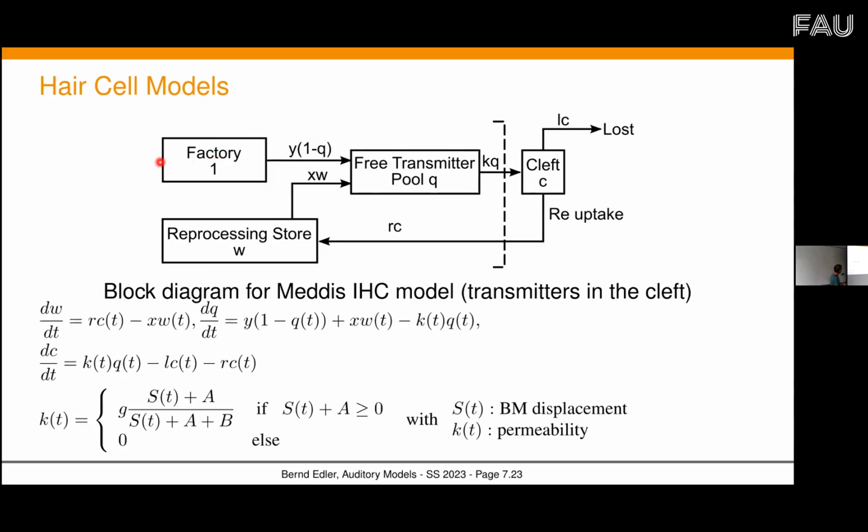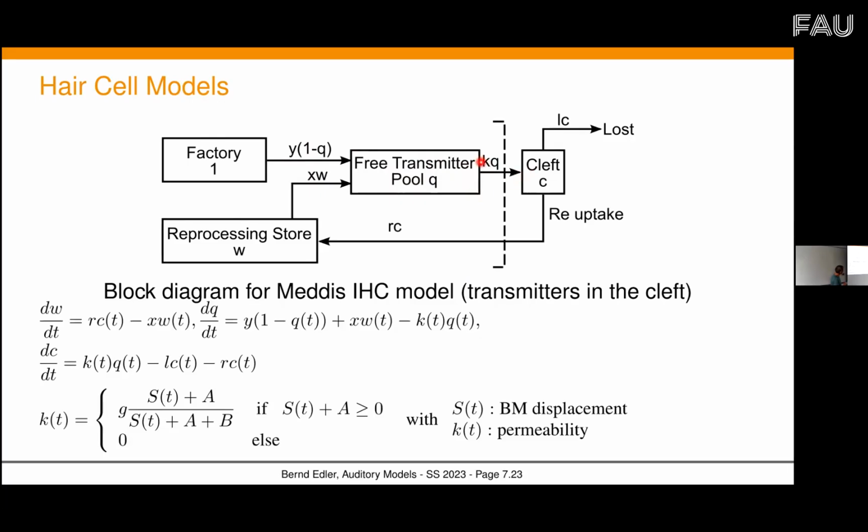So there would be a factory which always has some transmitters, and there is a certain rate by which they would be emitted from the factory and enter the free transmitter pool. So that would be more or less the actual neurotransmitters which can be emitted from the hair cell.